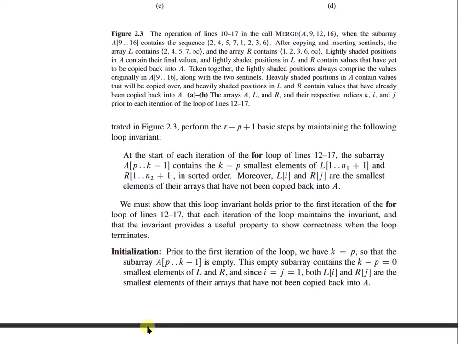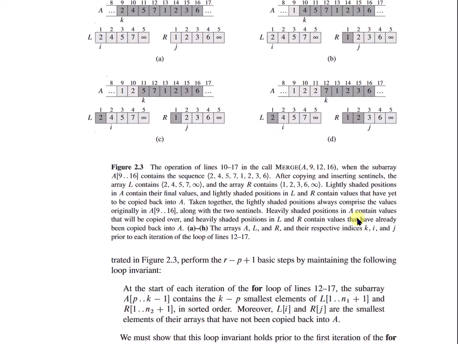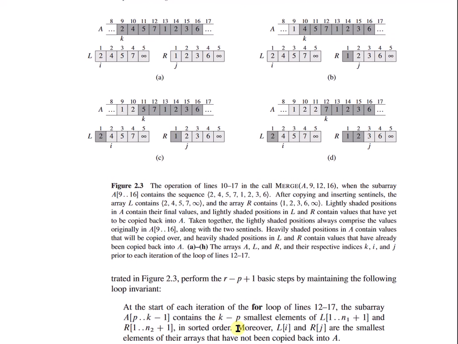Okay, anyway. At the start of each iteration of the for loop of lines 12 to 17, the subarray A of p to k minus 1 contains the k minus p smallest elements of L and R in sorted order.